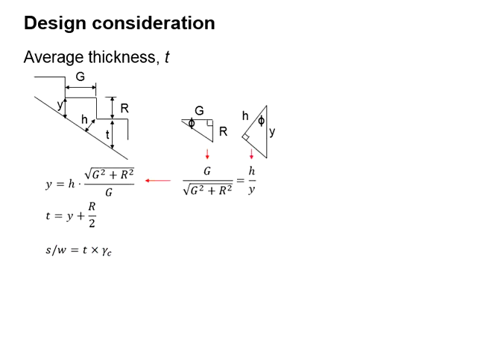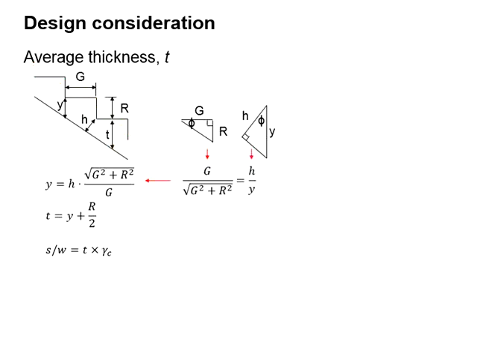Now the question here is, how do you get the average thickness? The average thickness is indicated by the symbol T. This is the T. It represents the average thickness over the span of the flights.